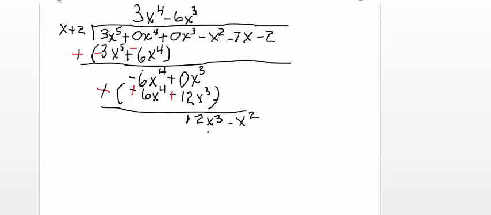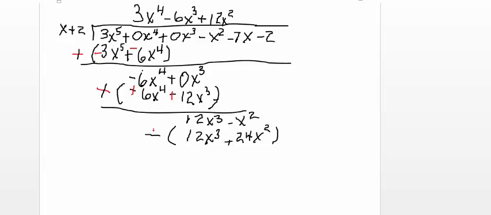X goes into 12x cubed. Notice I want to have two terms since my divisor has two terms. And x goes into 12x cubed 12x squared times, that gives me my next term in my quotient. 12x squared times x is 12x cubed. 12x squared times 2 is 24x squared.